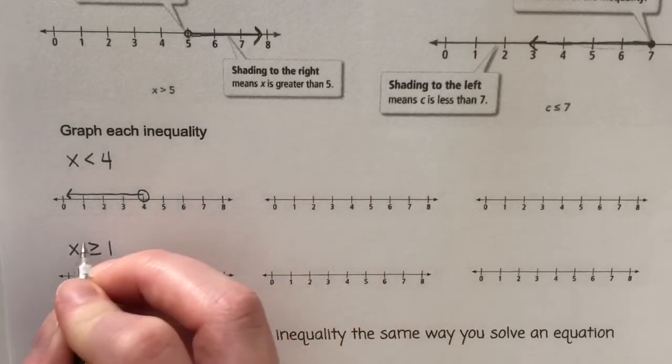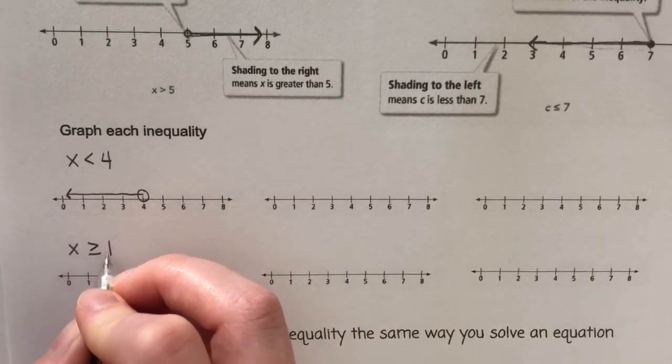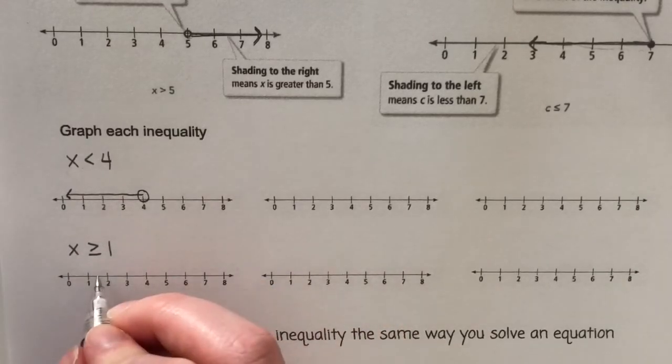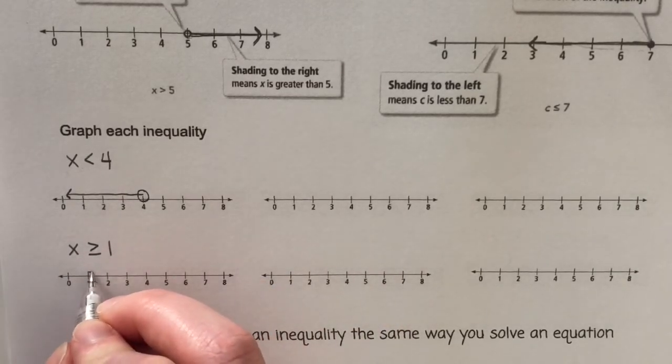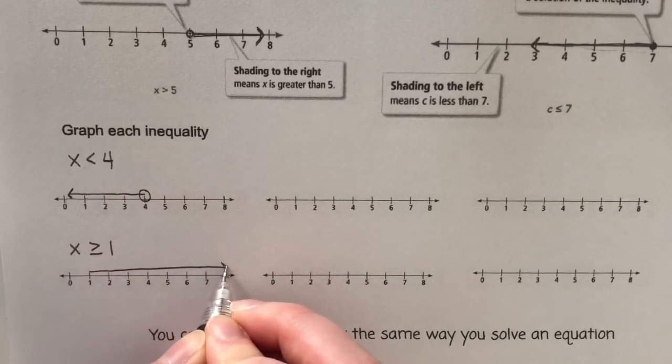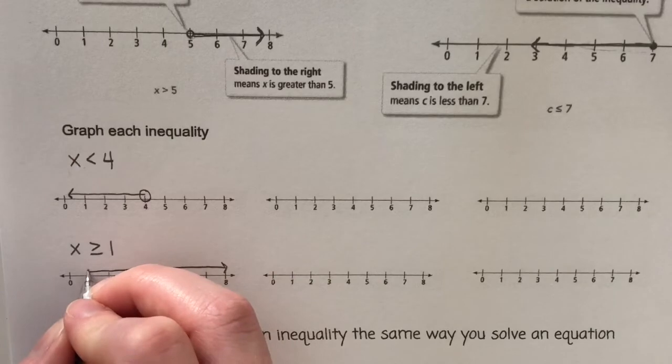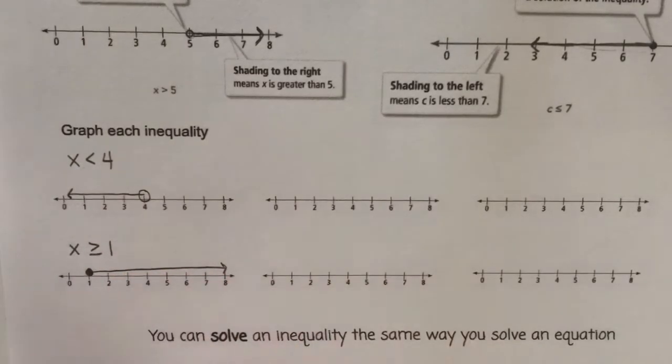Over here, I have x is greater than or equal to 1. So if x is greater than or equal to 1, here's 1. If it's greater than, I'm going to draw an arrow to the right towards all of the bigger numbers. And because it's also equal to, I'm going to put a closed circle, a filled in circle over that.